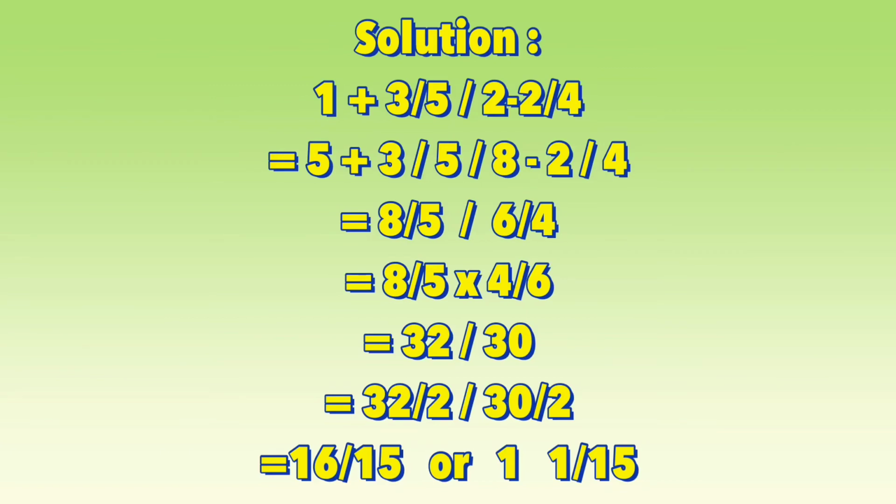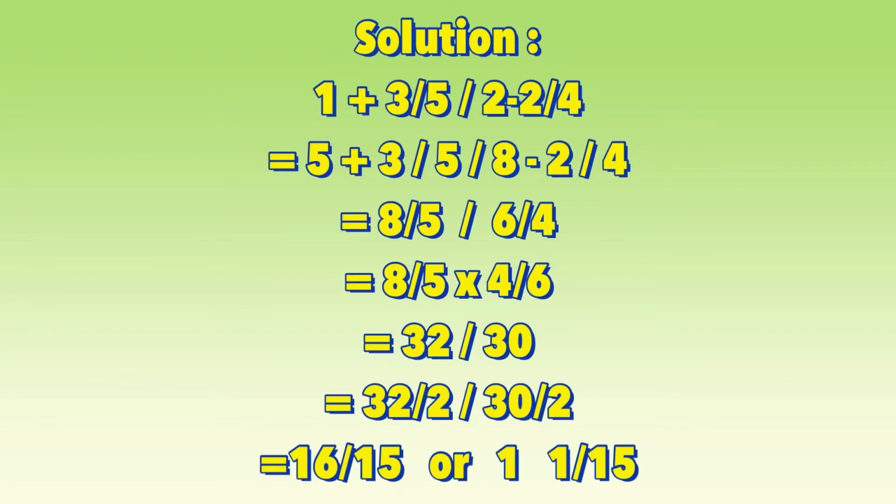Next, the denominator is also complicated, so we have to do 4 times 2 equals 8, then minus 2 over 4, and we're going to simplify. 5 plus 3 equals 8 over 5. Then 8 minus 2 equals 6 over 4.